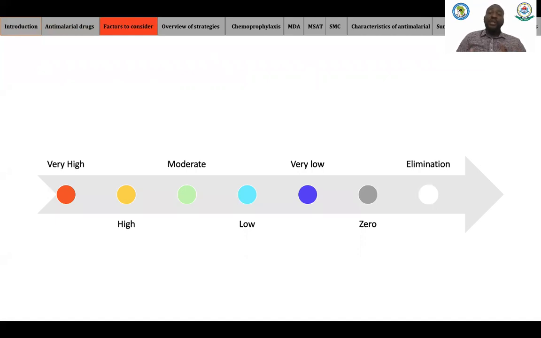This population is generally vulnerable to the parasites. It doesn't matter whether you're under the age of 5 years or not, which means people will have clinical presentations. Once you treat people with clinical malaria, you will be more or less reaching your reduction of the parasite reservoir. So the epidemiological factor is very important.